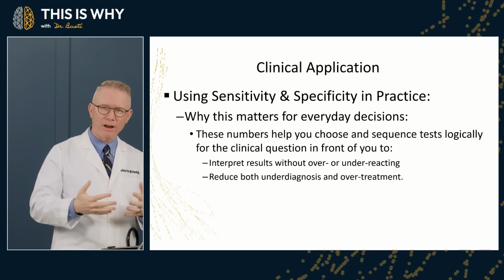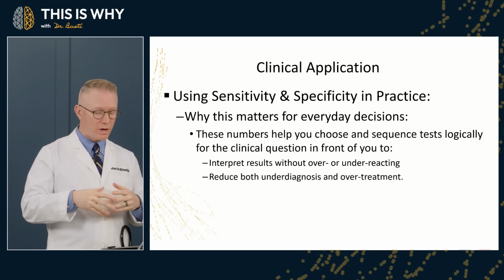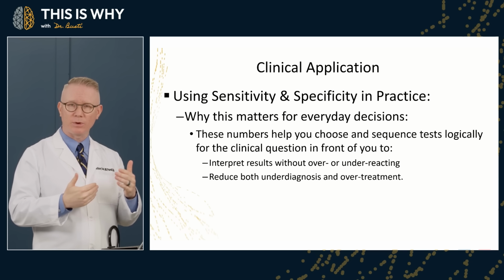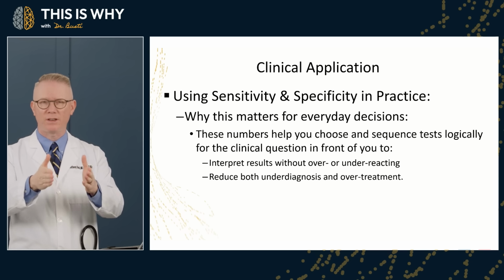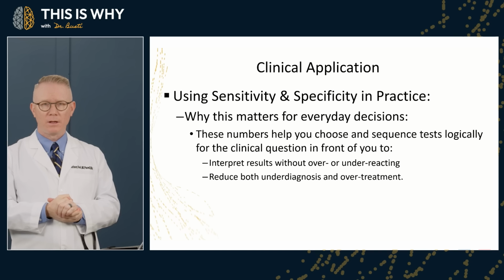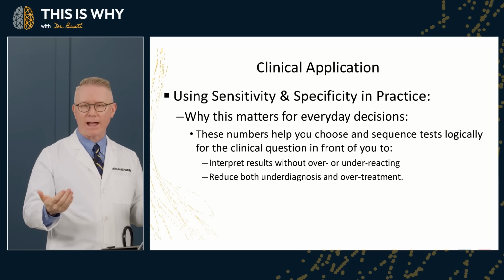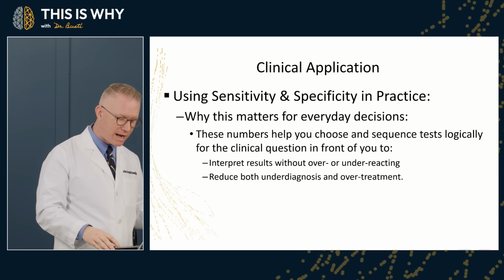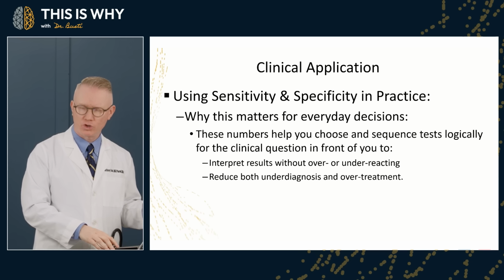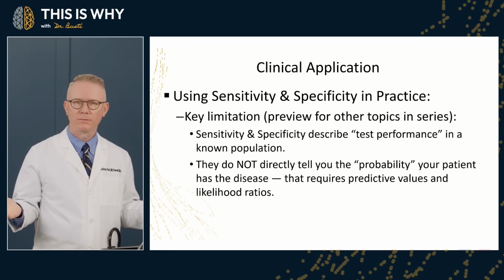And so this matters in everyday clinical decisions that we make, because it helps us to choose the sequence in a logical, clinically relevant format for the patient in front of us. You don't want to over or under react. And we want to reduce both the underdiagnosis and inappropriate overtreatment of patients, because you expose them.